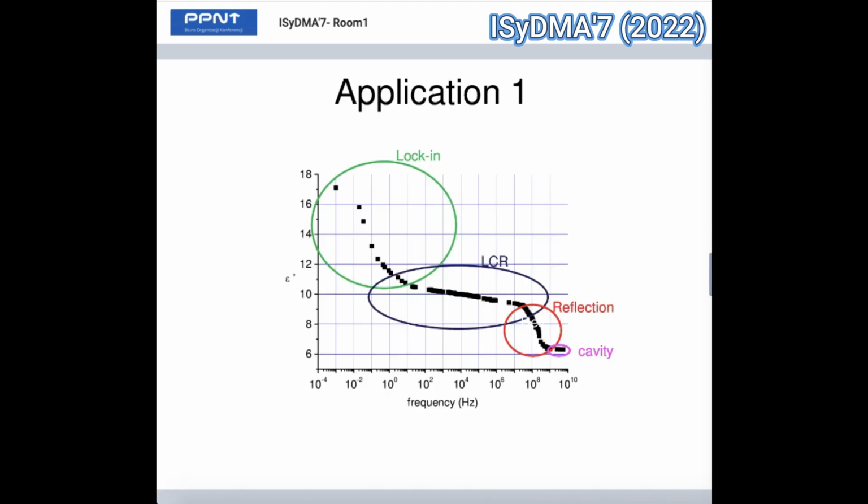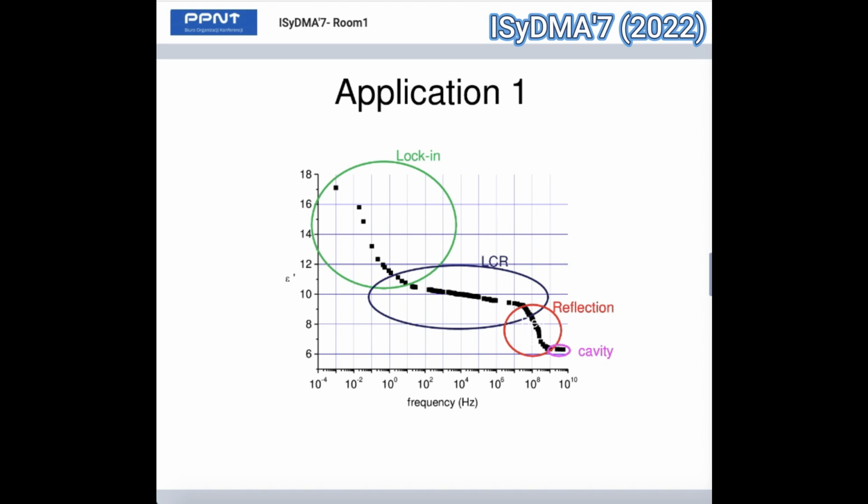To cover this very large range of frequency, I started at 1 millihertz and went to 10 gigahertz or something like that. So I used several techniques, because at that time the impedance meters were not as good as now, and so I used different techniques to measure from very low frequencies to very high frequencies.